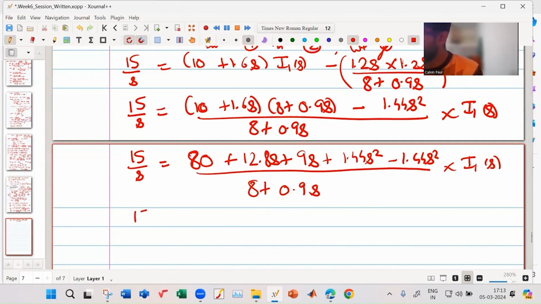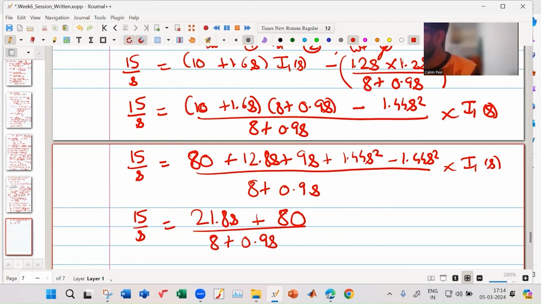So that becomes 15 upon s is equal to 12.8 plus 9 is 21.8, so 21.8s plus 80 upon 8 plus 0.9s into I1 of s.